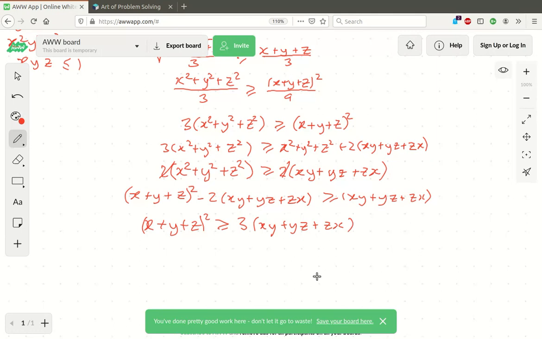Lovely, because I know that this, remember, a third was less than or equal to xy plus yz plus zx. This is like your C in the last example. So 3 times it is definitely going to be between 1 and 9.